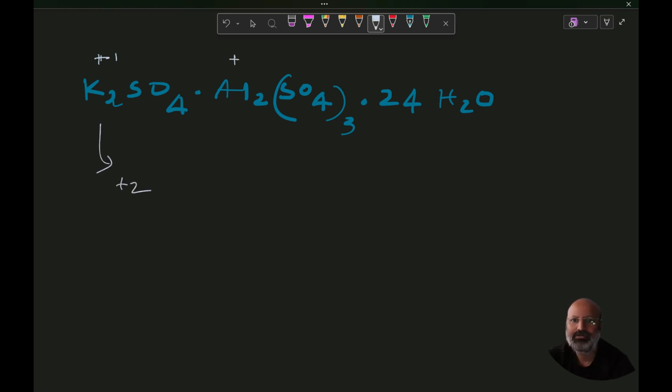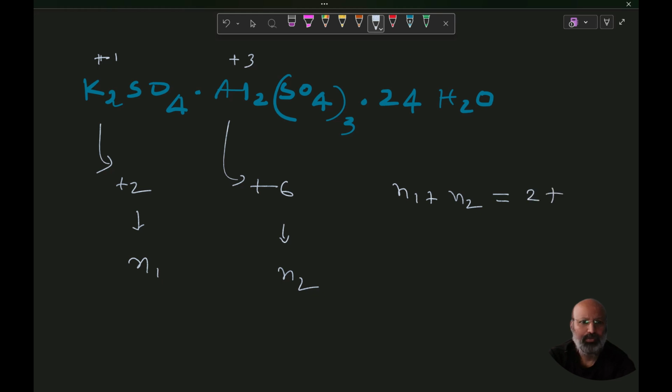Here the oxidation state is plus 3. For 2 aluminum it will be plus 6. Okay. So now this I'm labeling as N1, that is N2. So when you add them up, N1 plus N2 is equal to 2 plus 6, which is equal to 8.